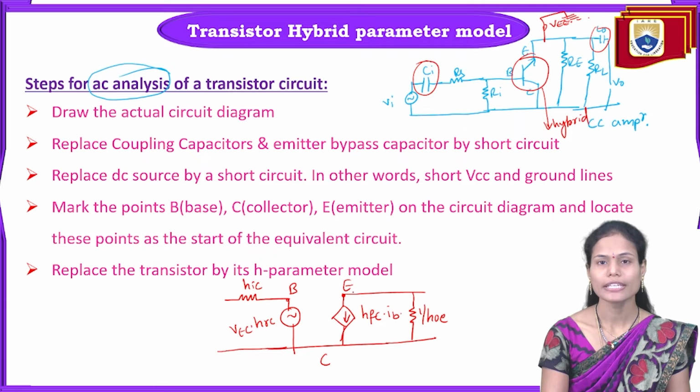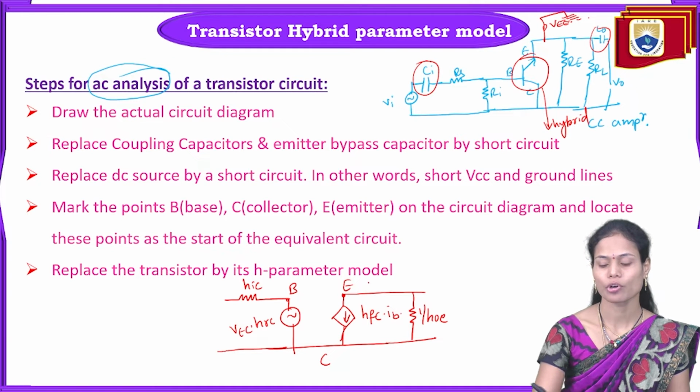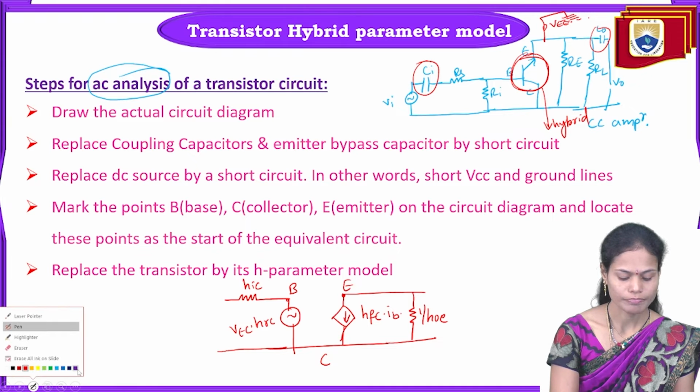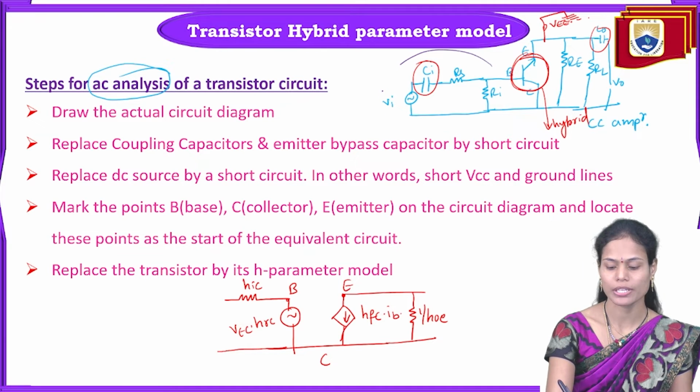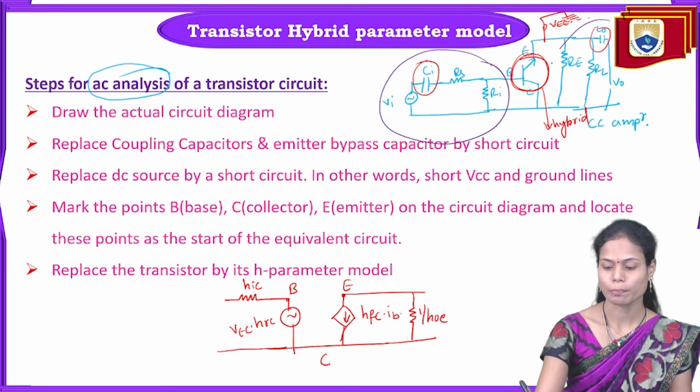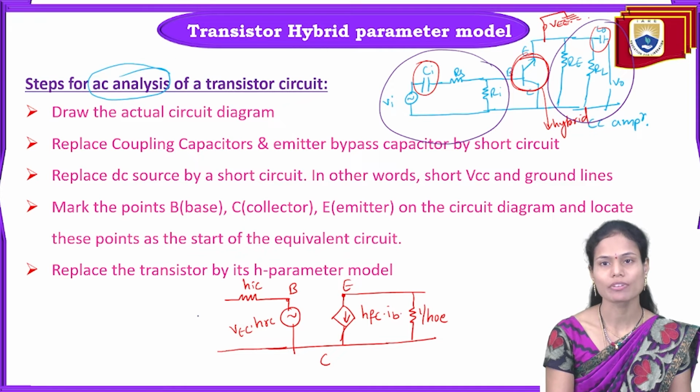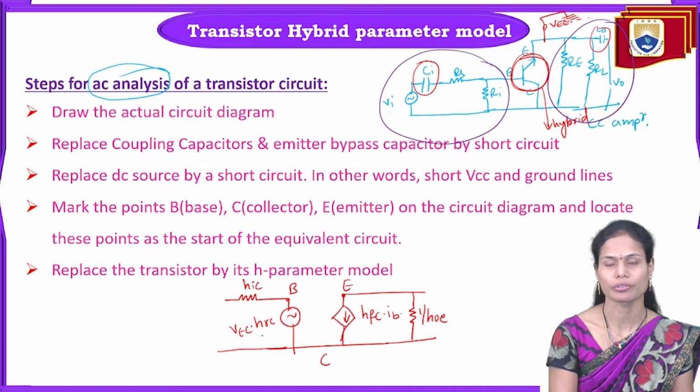So this is the equivalent H parameter model for only this transistor, and along with this, we are also having the remaining elements here. These remaining elements, as they are, we have to place across the input as well as output of this particular circuit.